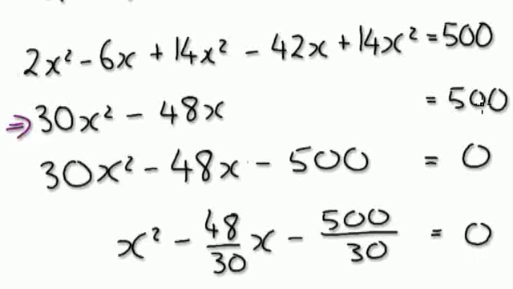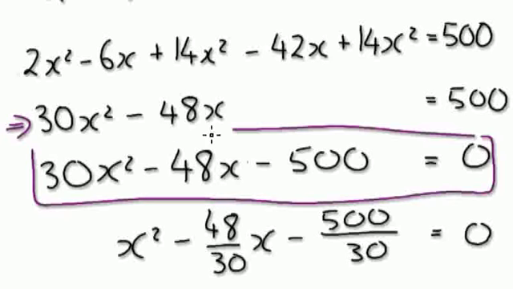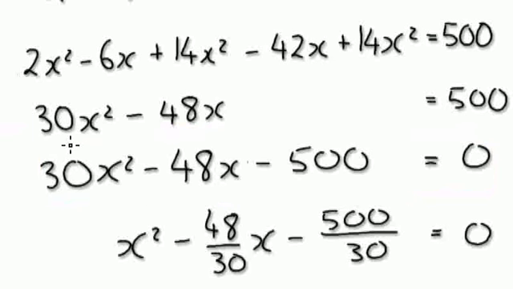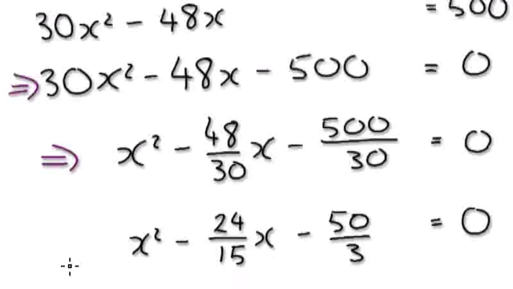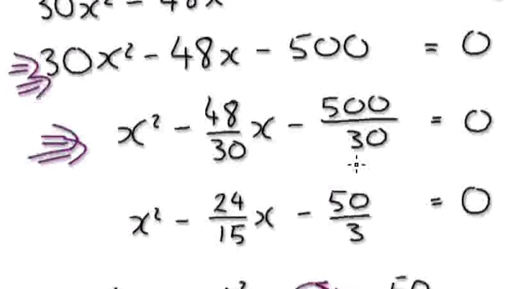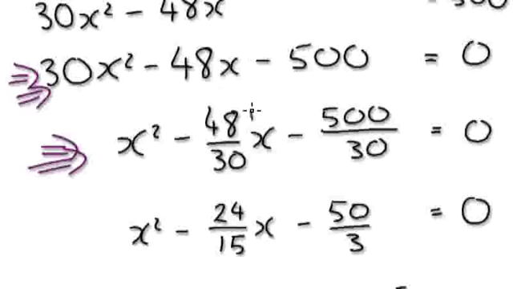When you're here, take away 500 from both sides, so we are good at solving an equation equal to 0. Okay, and then divide everything by 30, and then simplify this.